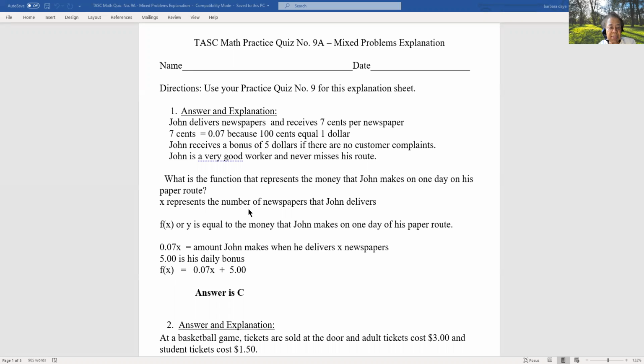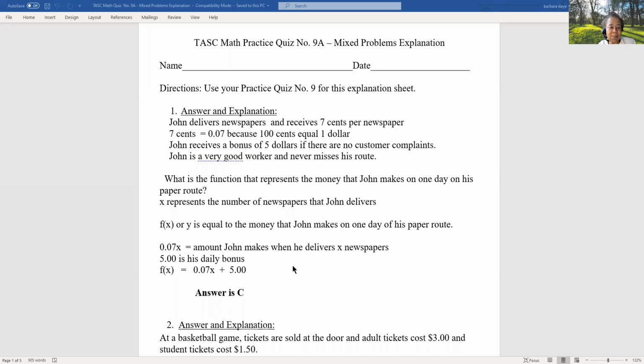X will represent the number of newspapers that John delivers. Now we can use f of x or y, they are equivalents, to equal the money that John makes on one day of his paper route. So what he makes is 7 cents per newspaper and $5 is his daily bonus.